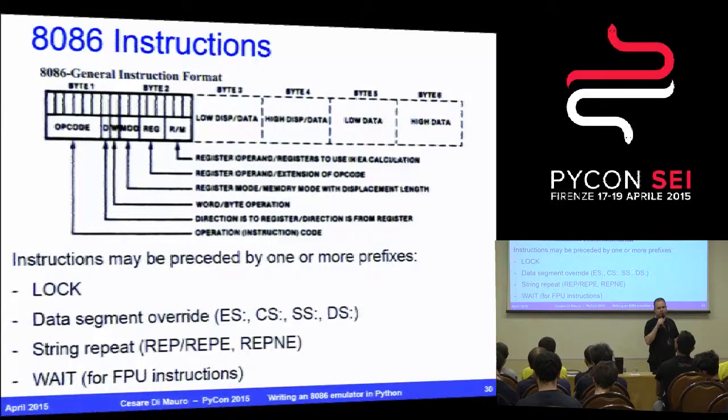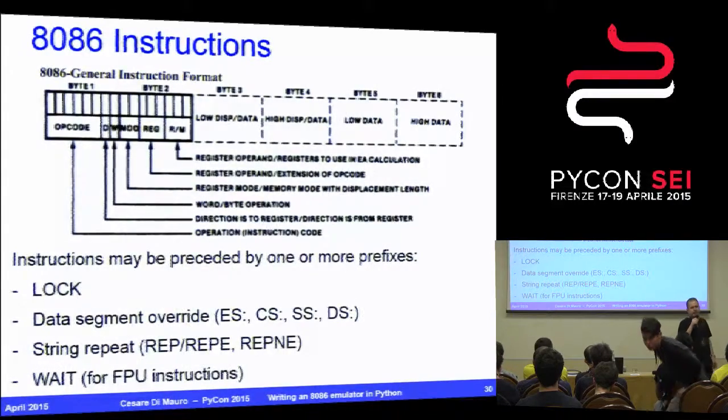We have a second byte which is optional, called ModRM, used by some instructions which require two arguments, basically a register and a memory location, or a register. Such ModRM can also require another one or two bytes for a displacement to access memory. And some instructions also require one or two bytes for immediate data.